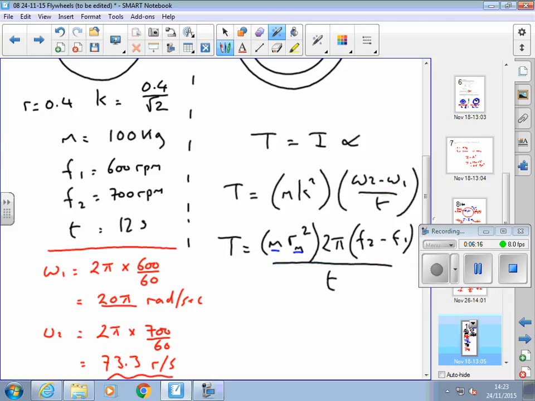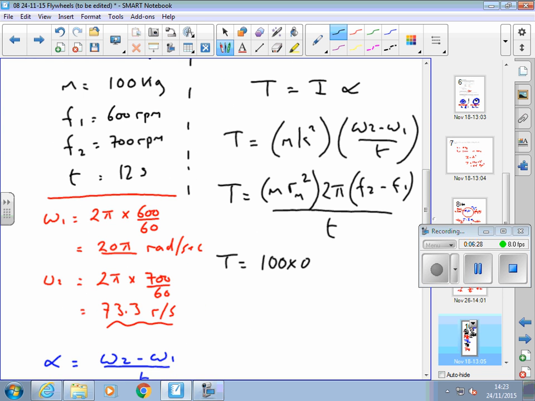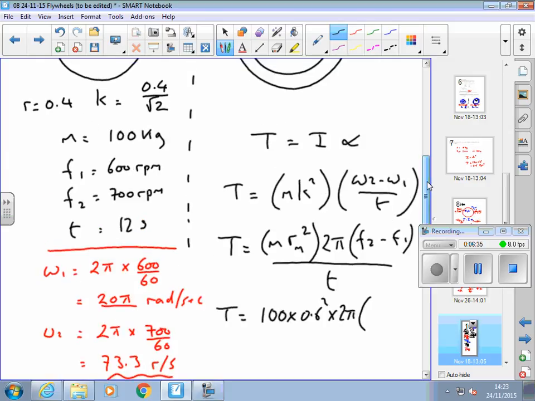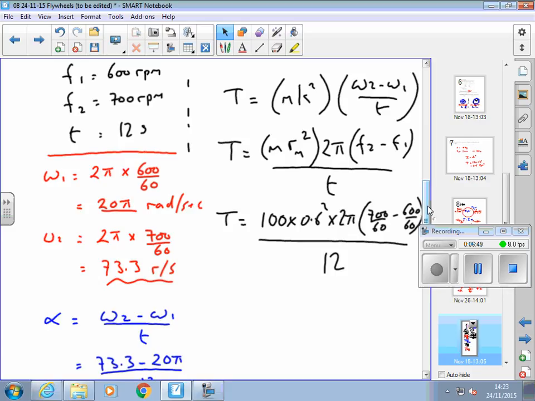So the torque is actually the mass, which is 100, times the mean radius, which is, for this rim type, 0.6 squared, times 2 pi, brackets, f2. What's f2? It's 700 over 60, so I'd use the fraction button, minus 600 over 60, all over 12.